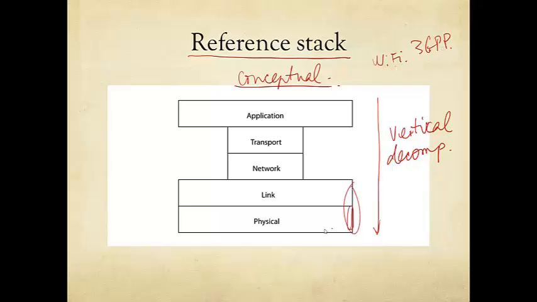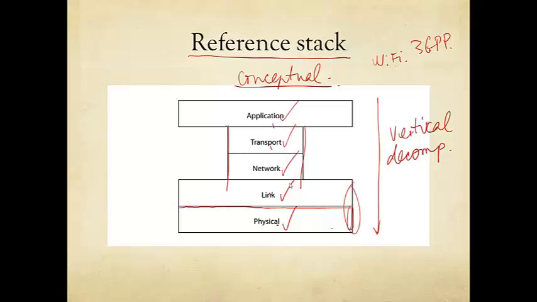This is a conceptual picture, and this conceptual picture says there are 5 blocks: physical layer, link layer, network layer, transport layer, and application layer. So you must wonder, what do these layers do, and what is this line here, this boundary between two protocol layers, and also why did I draw this thinner than the others?